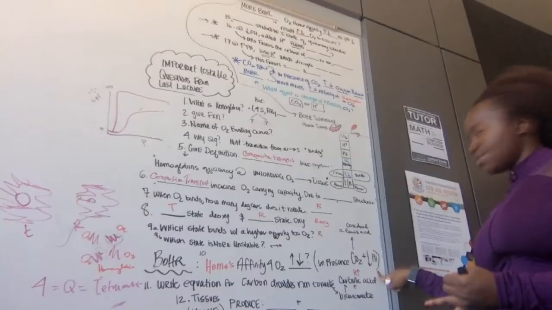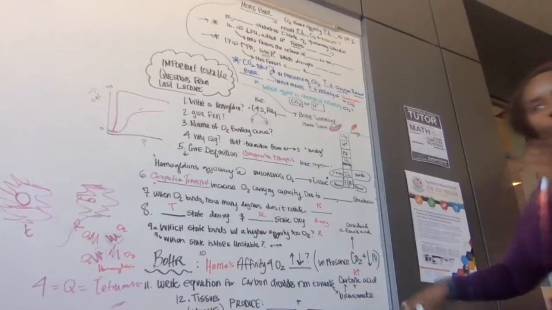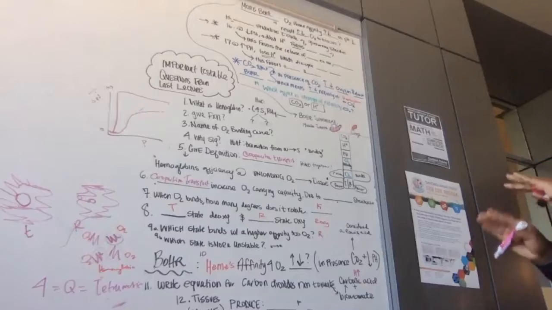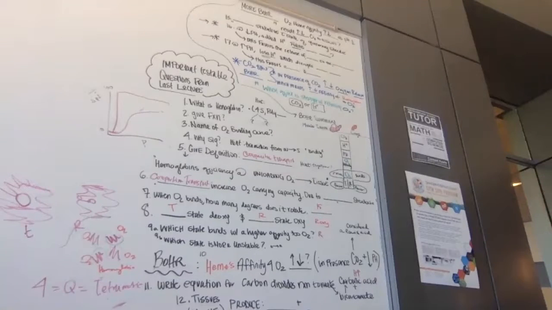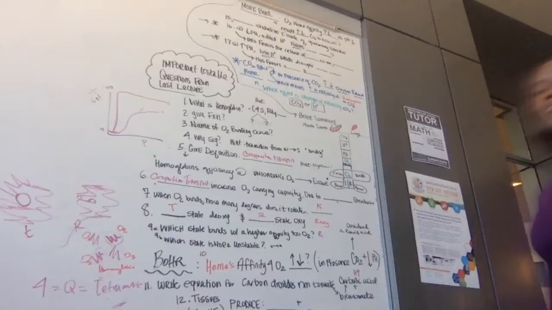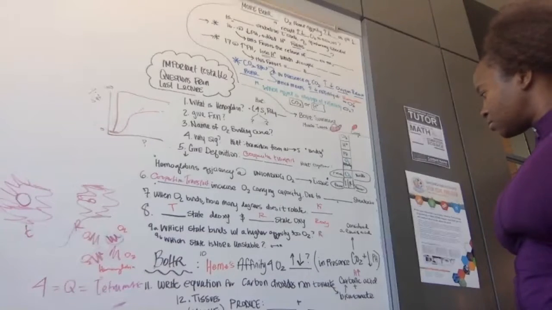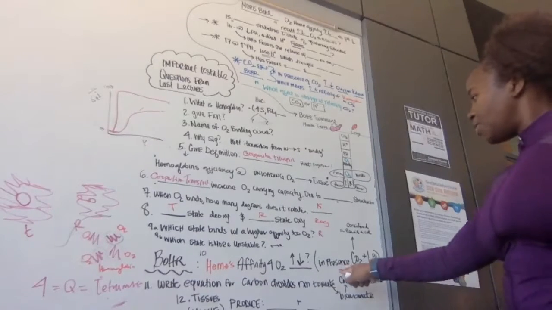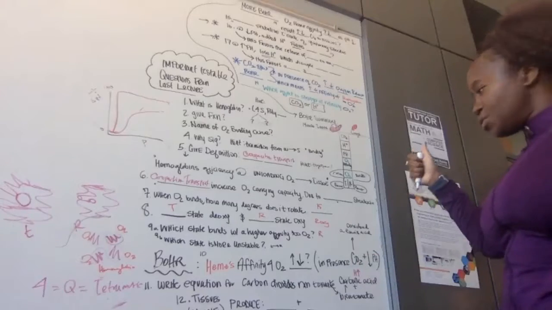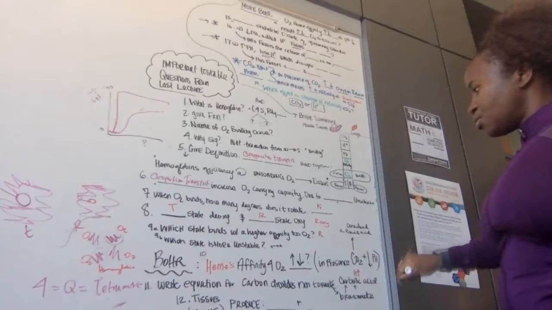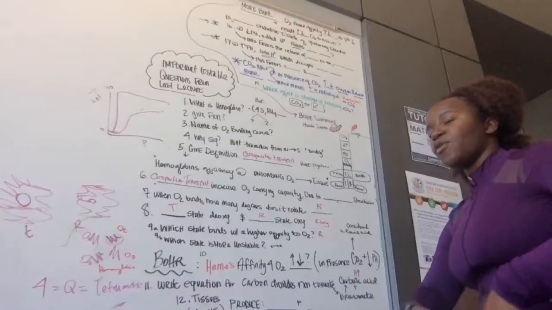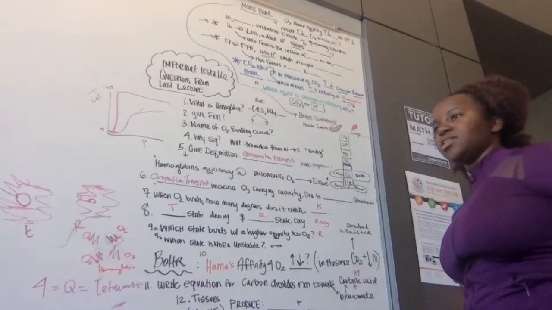If you're asked a question about pH, it's going to be the opposite, because pH is the negative log of hydrogen concentration. So heme's affinity goes down when CO2 and H plus go up. In the presence of high CO2 and low pH, we're letting go of O2, releasing oxygen into the tissue.